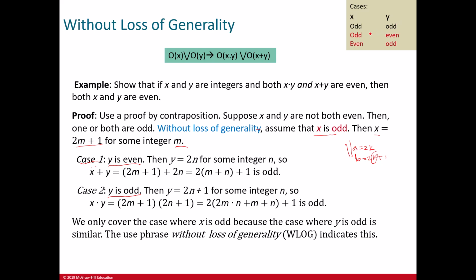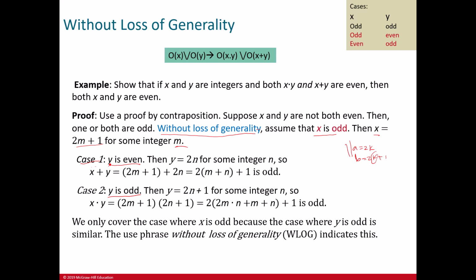This way I'm covering all possible cases. Now I'm going to say "without loss of generality." That means I assume X is odd, but I could have said Y is odd. There's no difference, so it's exactly the same proof. I do it only one time and don't have to repeat myself. That's the whole point of the statement, without loss of generality. You can assume either one.